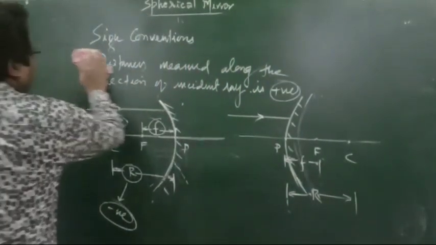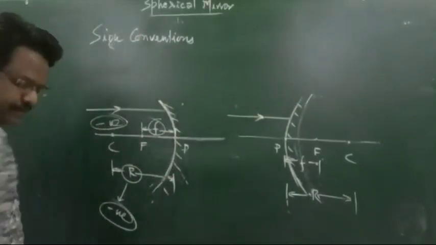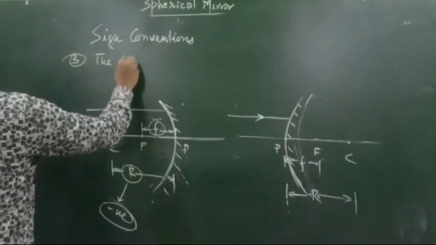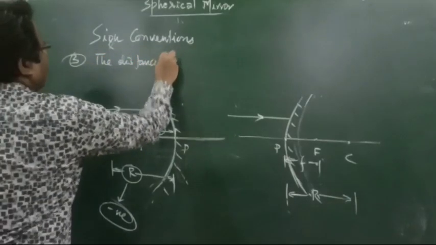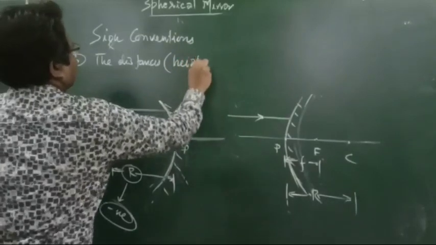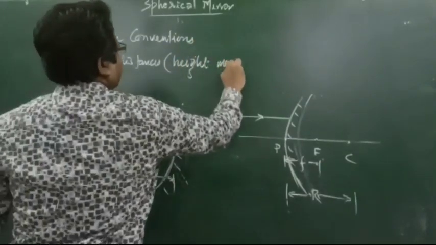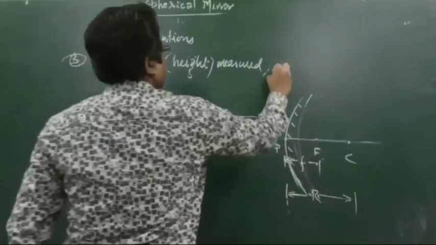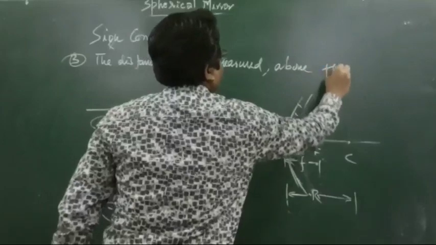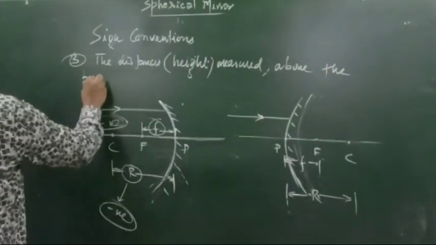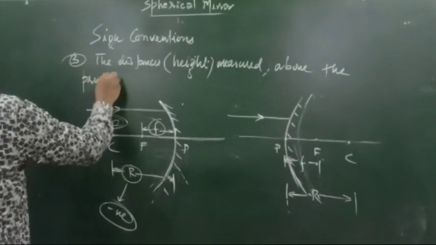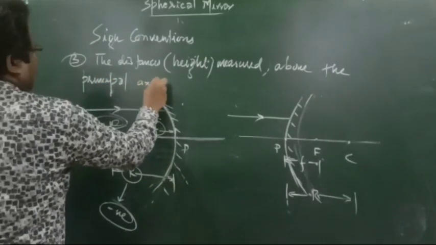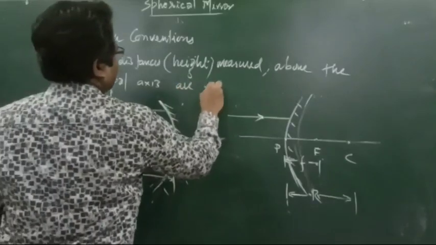Now after that the third rule says the distance, or height I should say, measured above the principal axis, are positive.